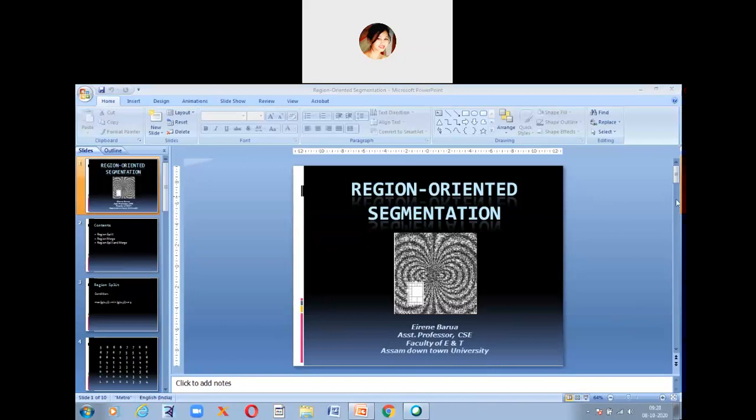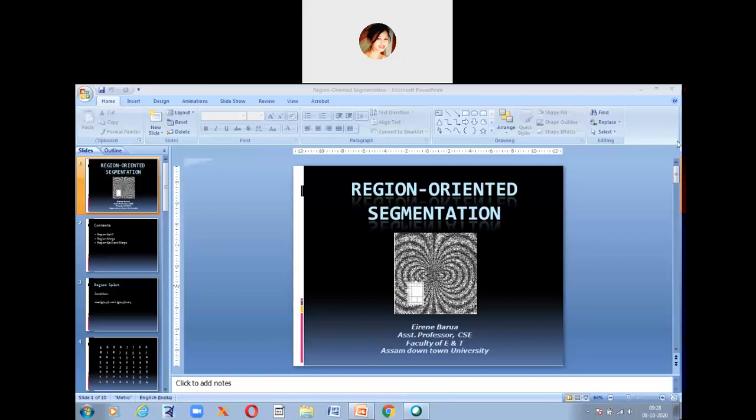We know image segmentation means segmenting of images into parts in order to analyze the features. And then after analyzing the features, we again collaborate all the parts and we get the output.